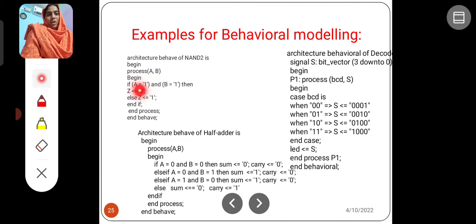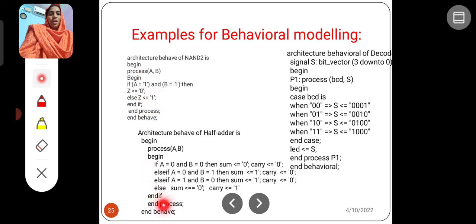If A equal to 1 and B equal to 1, then Z equals 0, else Z equals 1. So if A and B are not both 1, then Z gets 1.